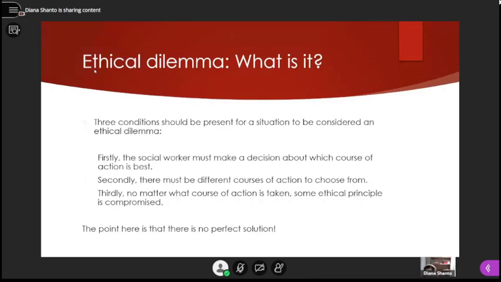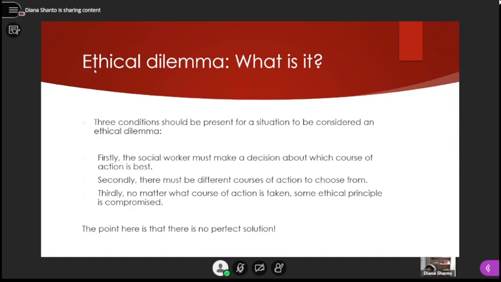So ethical dilemma is when you are faced with not just one course of action. You have different courses of action, you don't know what to do. Ethical dilemma, c'est vous, social worker, qui êtes face à un ethical dilemma. Because you know you have to do the right thing and you don't know what's the right thing to do. Vous êtes face à un dilemme.